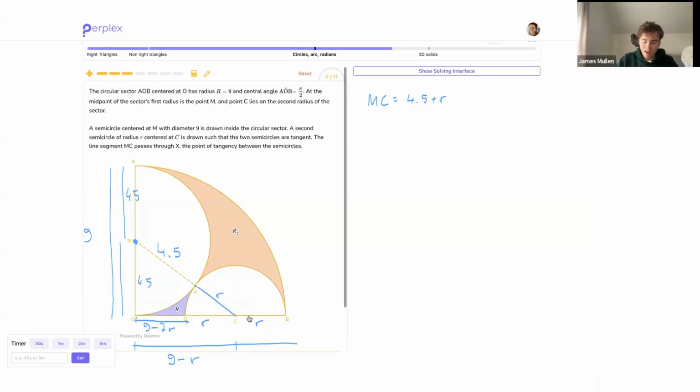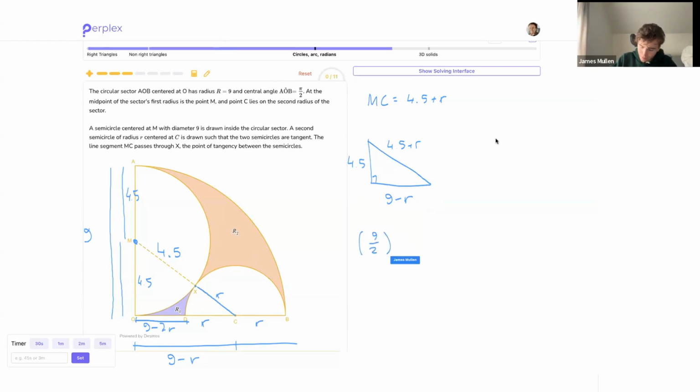And now here's the good news. I now have in the triangle MOC, I have this as 4.5 plus R, I have this as 9 minus R, and this is 4.5. And it's a right angle triangle, so I'm going to use Pythagoras. I'm going to write everything now with fractions instead of decimals, because otherwise squaring is going to be difficult.